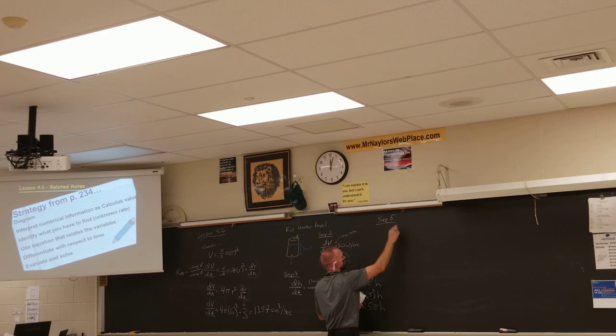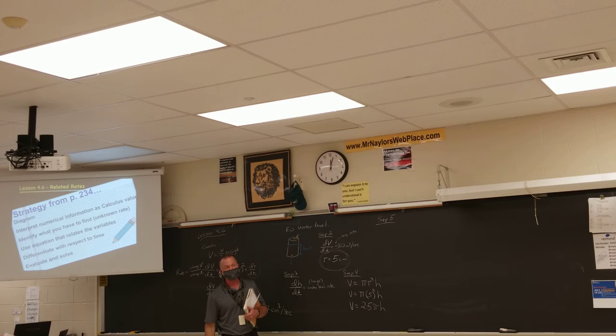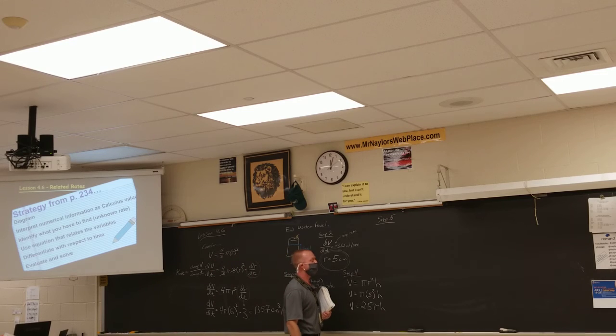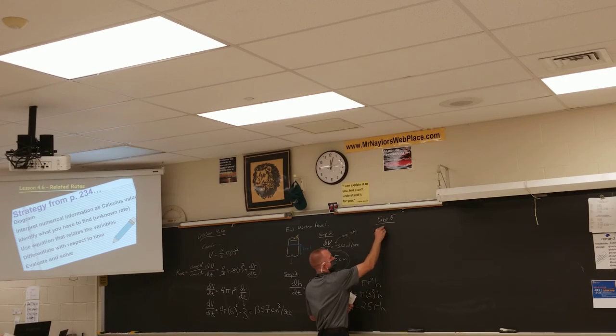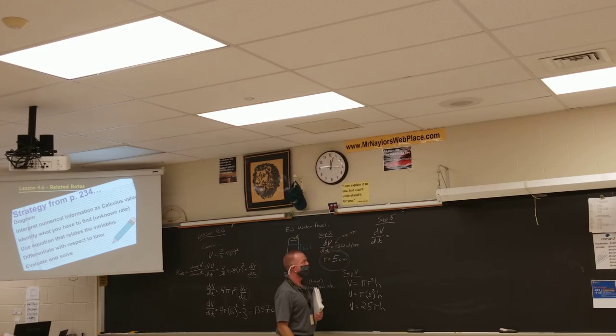When you do these problems for an assignment or on a test or quiz, you don't need to have all step this, step that, but I'm just trying to kind of organize it because we're now ready to do the derivative of v with respect to time, which turns this into a rate formula.